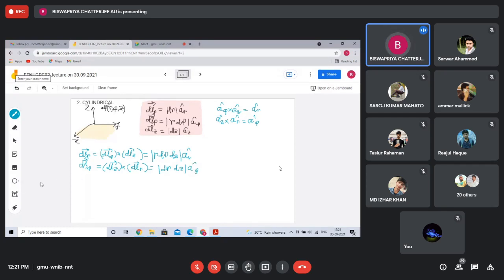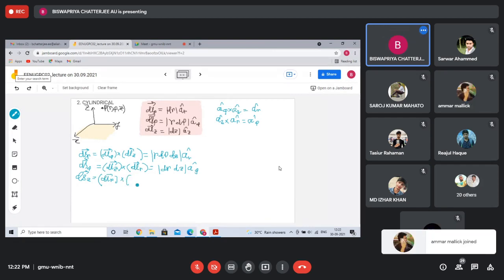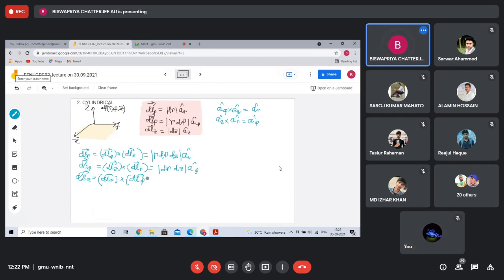And lastly, if we evaluated dsz, it should be dlr vector crossing with dl phi. Okay, dl phi.